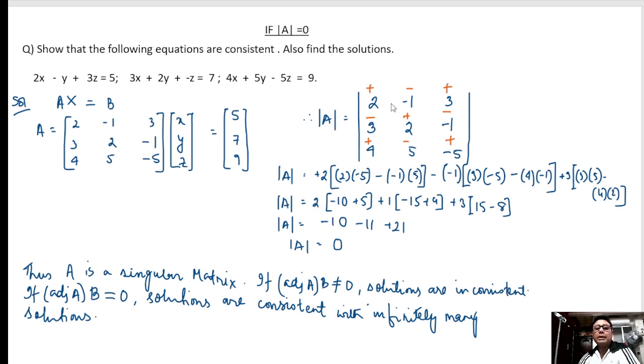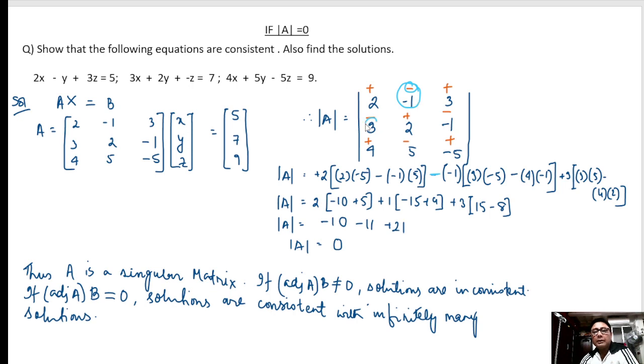So now we have to find the mod A. As I told you, always give the signs plus, minus, plus, minus, plus, minus, plus. I already showed you that if you take plus 2, then you have to take this part for calculations. So it is minus 10 minus of minus 5. Clear? This is that part. Next, if you take minus 1, there is a minus in front, so this is that minus, minus of minus 1.